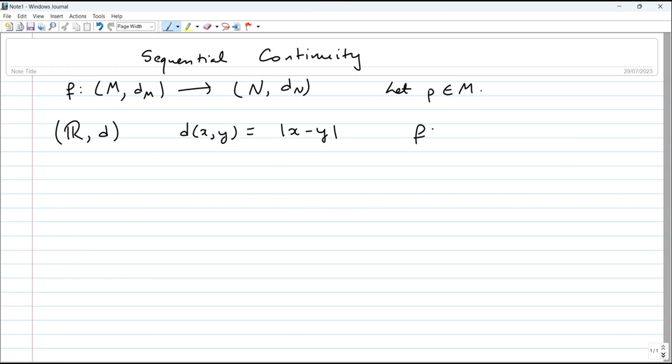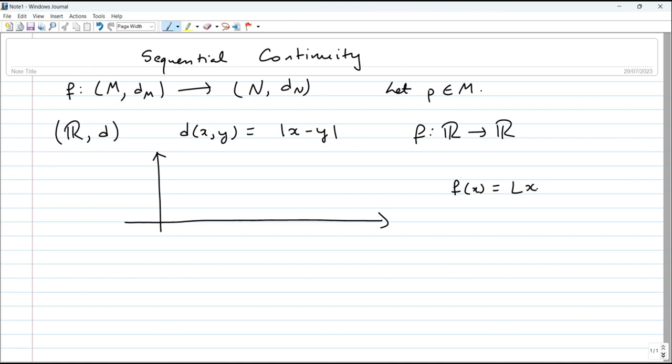And suppose you have a function f from R to R. Let's look at a function that's not continuous in our usual sense of analysis. Let's look at the floor function, f of x equals floor of x.